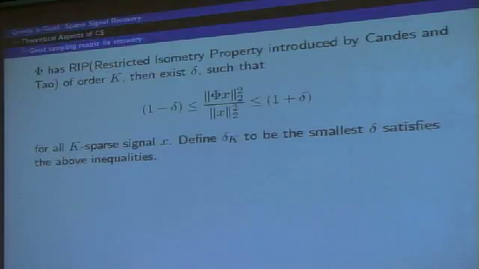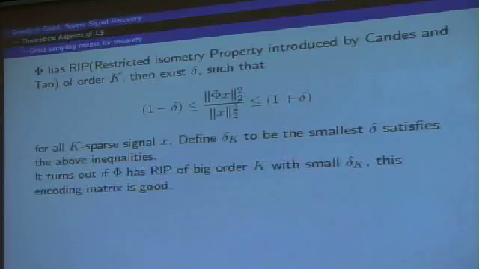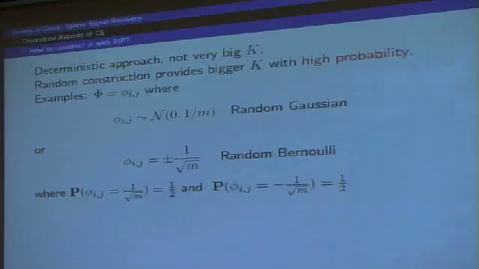From here we can see, because we have many more columns than rows, there is no way this phi can be orthogonal, but it is not far from orthogonal. It turns out if phi has RIP of big order k with small parameter delta k, this encoding matrix is good.